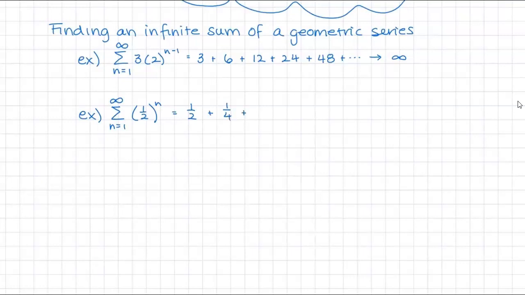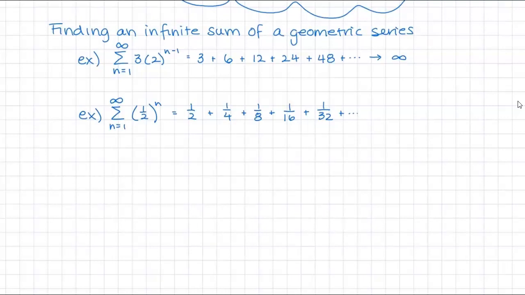When n is 3, 1/2 cubed is 1/8. And I think you see the pattern here. It's just going to be this series. And believe it or not, this series does not get bigger and bigger without bounds. It's actually bounded by something.